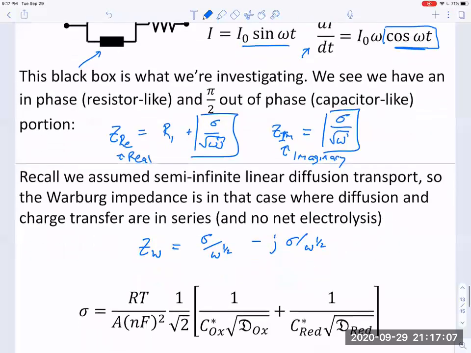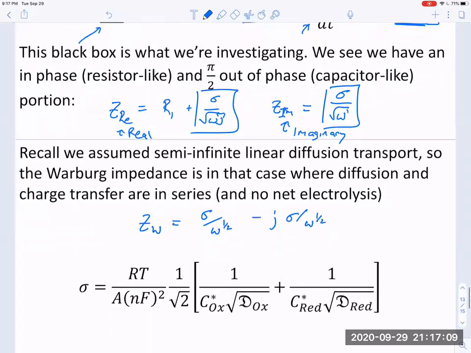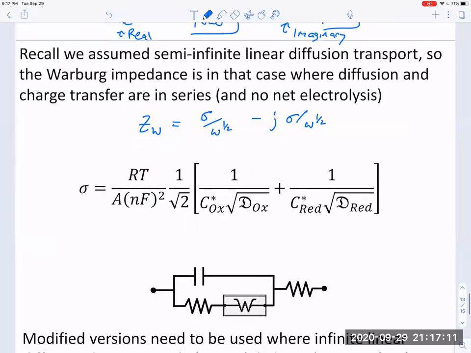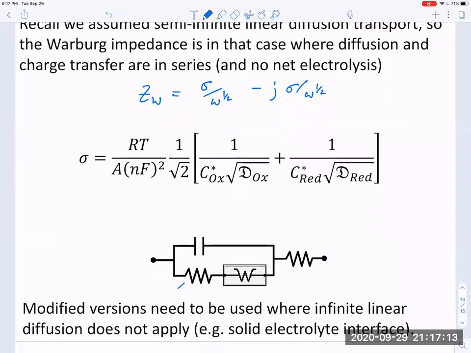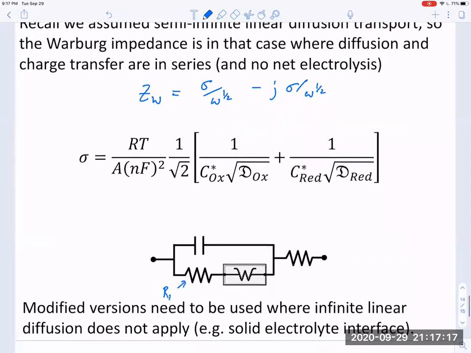Okay. Now, the reason I've left out the R1 is because that R1 term is what we call our charge transfer resistance, or R1, or sometimes RF for Faradaic. And then this is our Warburg impedance here.